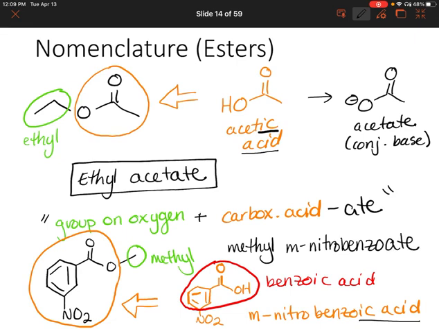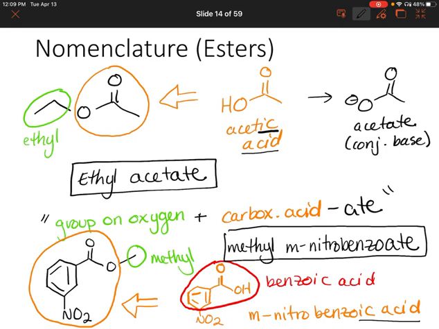So methyl m-nitrobenzoate. That's a lot of work to figure out that name. Again, esters are probably the most complicated derivatives to name out of the derivatives we've talked about.